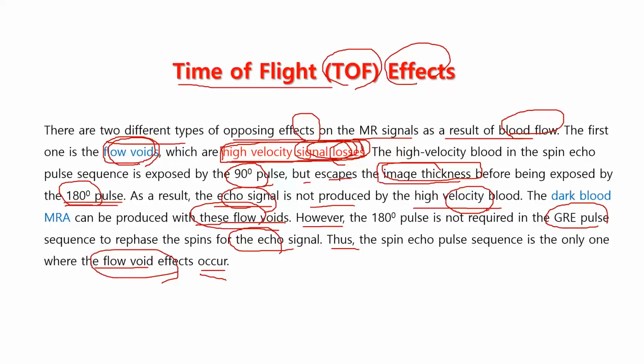So high velocity blood can escape the image thickness before being exposed by the 180-degree pulse. So this high velocity blood does not produce the signal, so we can have the high velocity signal loss.